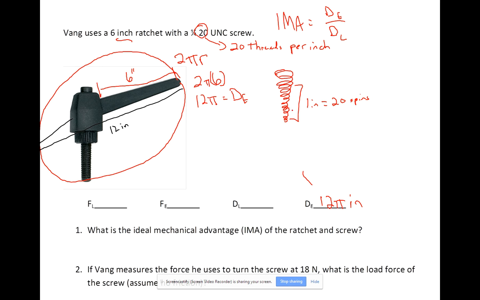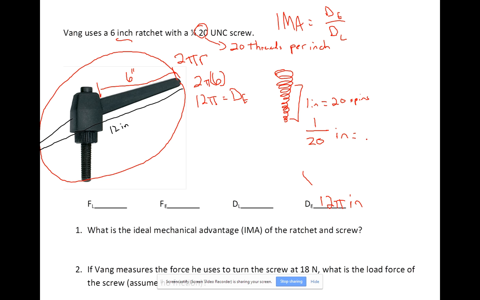Or 20 turns. But Vang's not spinning this 20 times. He's not turning it 20 times. He's turning it once. So he can only go 1 out of the 20 turns. So this is a distance every turn of 1 out of 20 inches, or 1/20th of an inch.